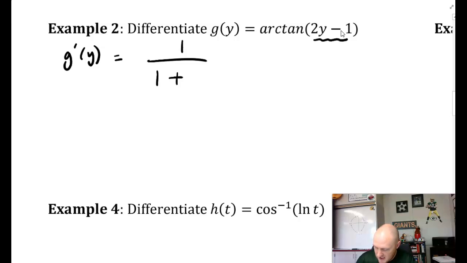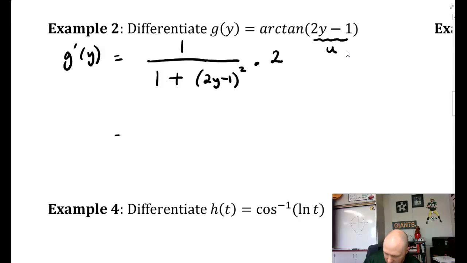Now, in this case, I don't have an x. My u is 2y minus 1, and that quantity is squared. Okay, so whatever is there is squared, and because that's differentiable in and of itself, I'm going to multiply now times the derivative of that, which is 2.